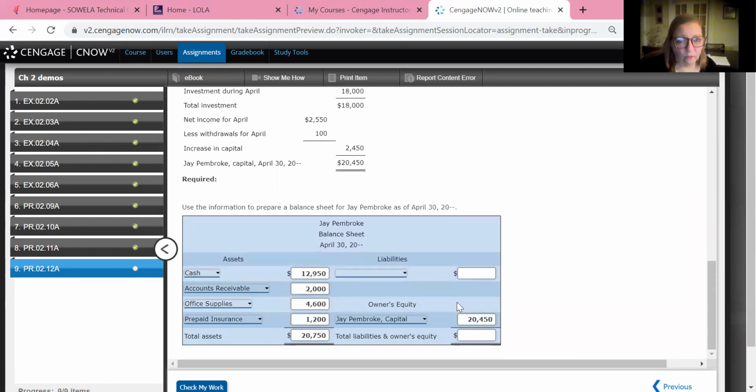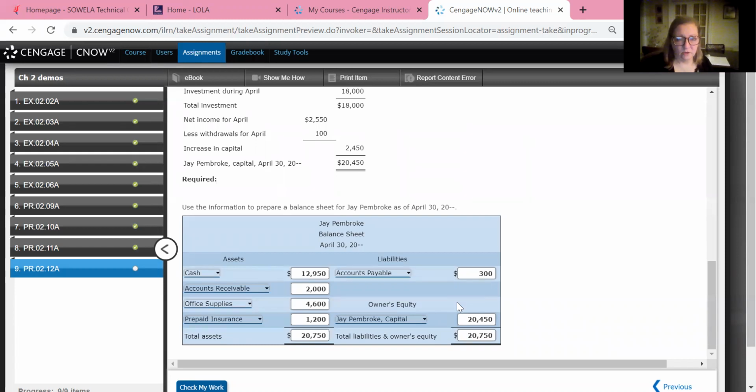So that's what they're waiting for. One more thing, accounts payable, $300. Now look at those two. I add liabilities and equity, so that gives me my total of claims. And it's going to be 20,750. When I add those two together, I look over at the asset number and it's the same. And I'm like, yes, congratulations, it balanced.